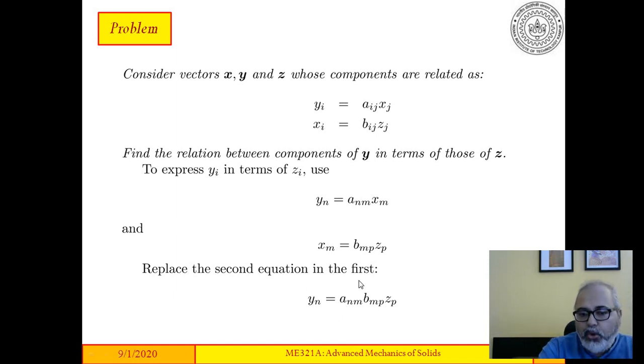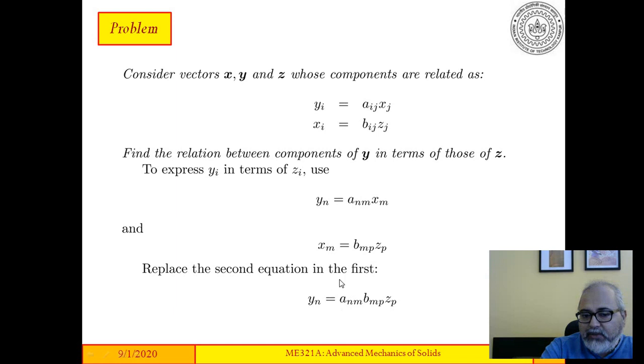Now you can open up this expression. So you can again see that n can take values from 1 to 3. So this actually is a set of 3 equations. And each equation has a summation over m and a summation over p.